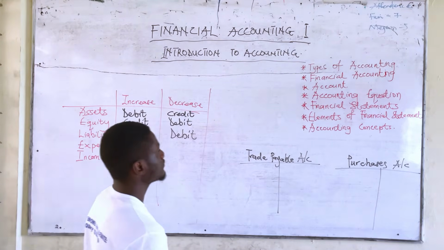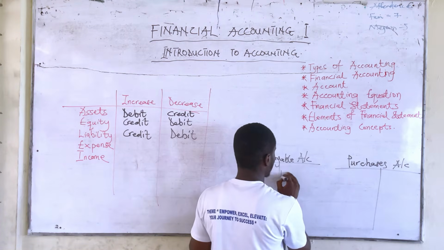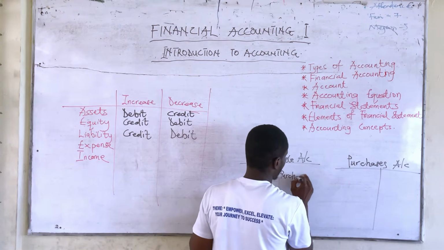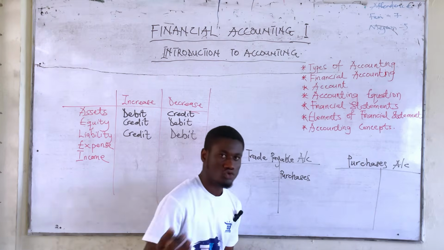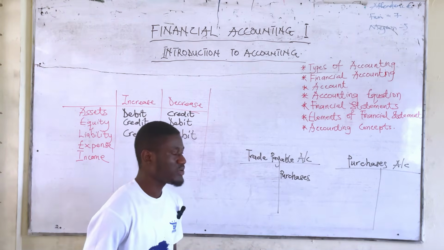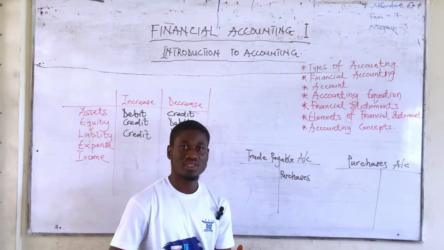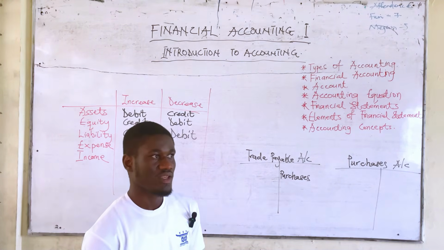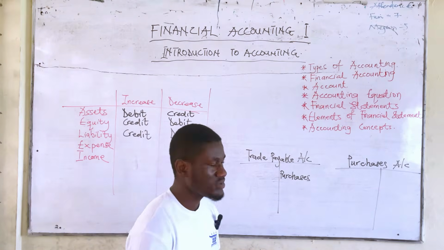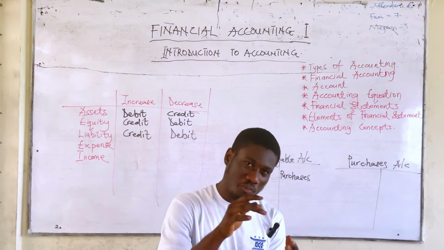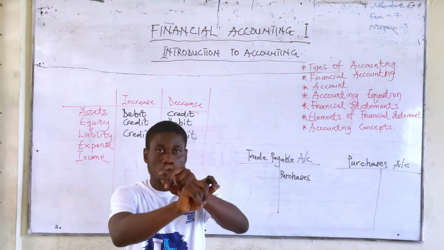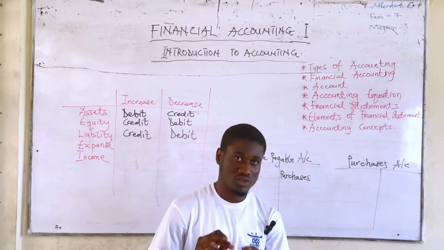Good. So the account involved here is purchases. So take note. Sold goods is sales. Then purchased goods is what? Purchases. So unless the transaction is specific, maybe purchase motor vehicle. For purchase motor vehicle, you are going to open a motor vehicle account because it was specific.